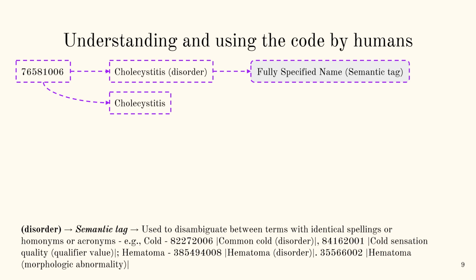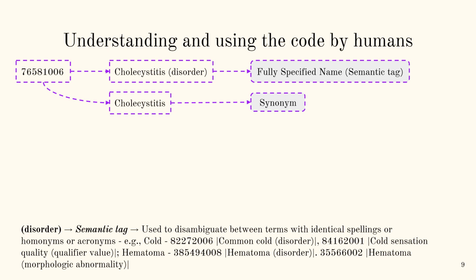But the rule is the fully specified name must be a simple description of the meaning and therefore is not necessarily clinician friendly. However, every other term like cholecystitis, which is classified as a synonym, must be, so any description other than the fully specified name attached to a number should ideally be clinician friendly.